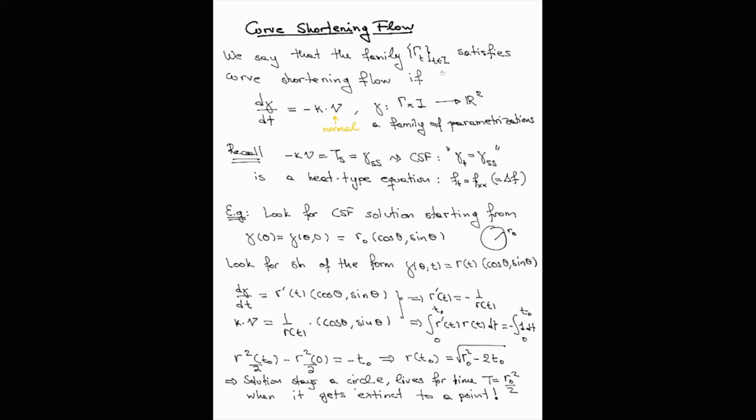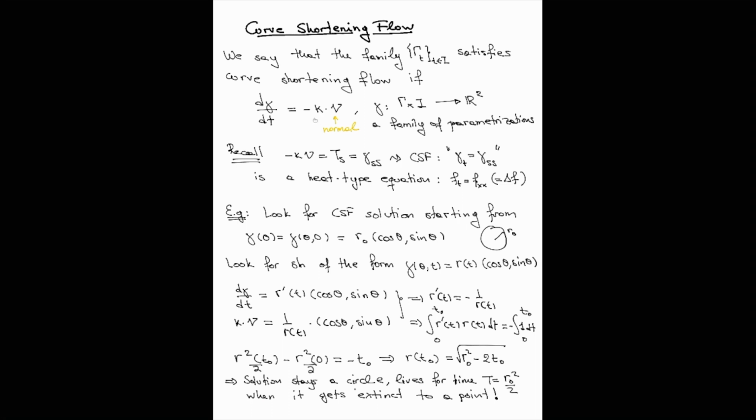So I'm going to have a parameterization of the family, and I want the family to move according to this rule: I want d gamma dt to be equal to minus kappa times nu. I'm using little nu now for the normal, which before was capital N. So we want the curves to move along their normal, with speed equal to their curvature.